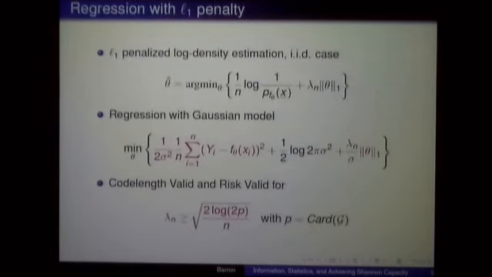And what does this look like? So when you're doing regression, you're doing something like what you see in the middle here. And the claim is that it's code length valid and risk valid for the very same lambdas, these.